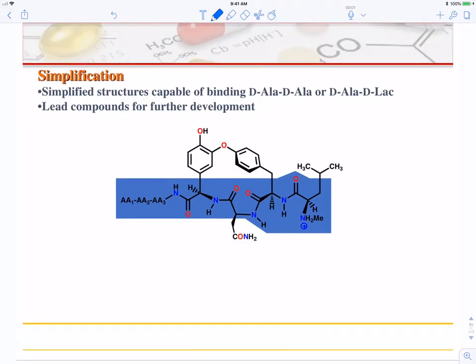So one thing we can do also with vancomycin is simplify it, and so we want shorter peptides, still cross-linked to maintain rigidity and to expose the peptide bit into a linear mode, and that's one of the lead compounds that has been developed for recognizing either D-Ala-D-Ala or D-Ala-D-Lac.